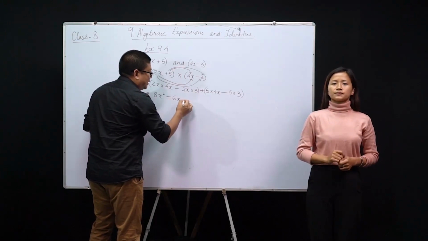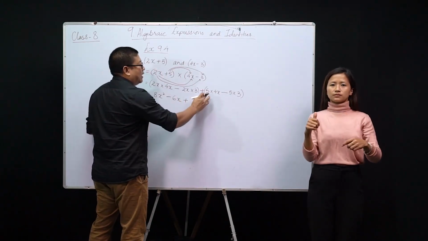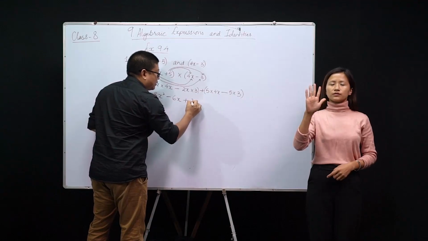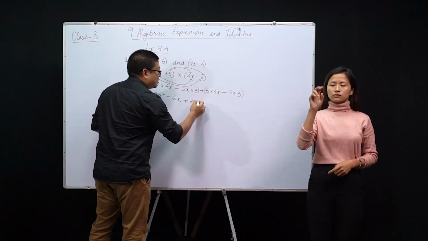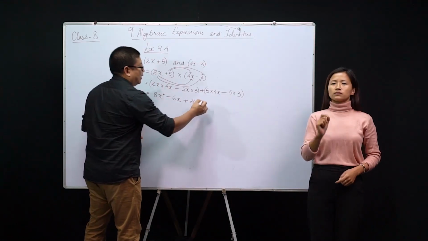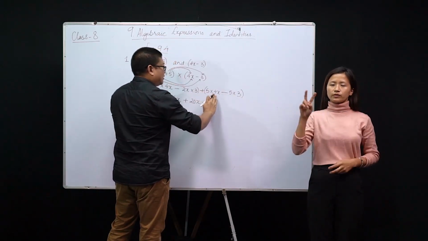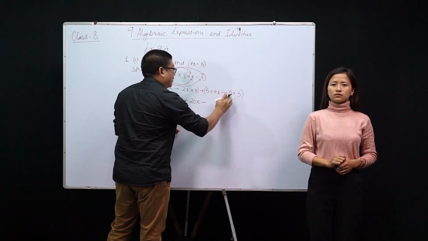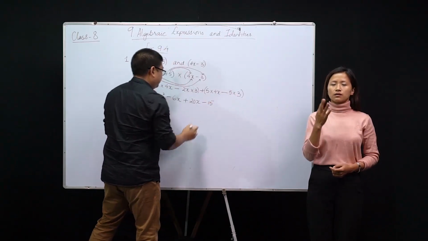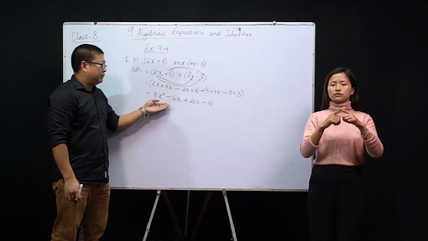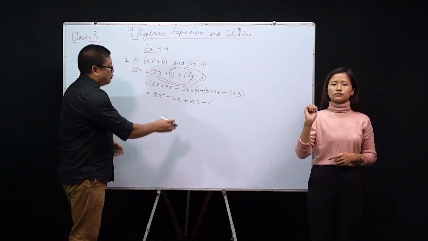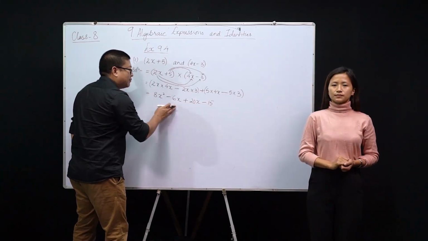Now there's a plus after this, so I'll write plus. 5 into 4 is 20, only one x, so I write x. Minus, there's no variable here, no x, just a number. 5 into 3 is 15. Now after you multiply them, you will come across an expression something like this.